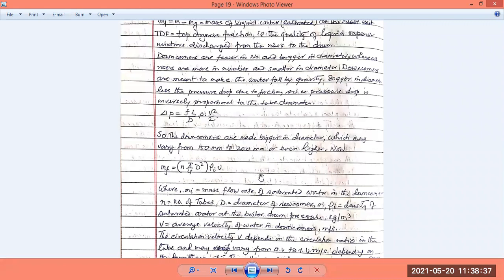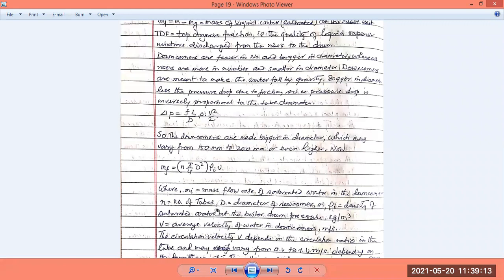Now the mass flow rate, MF, is equal to N pi D squared by 4 into rho F into V, where MF is the mass flow rate of saturated water in the downcomer. The pipe is saturated, either fully water or, to a certain extent, saturated with steam.